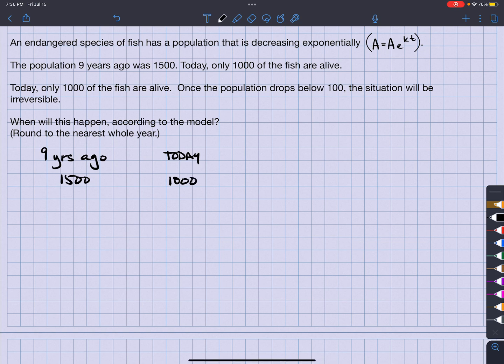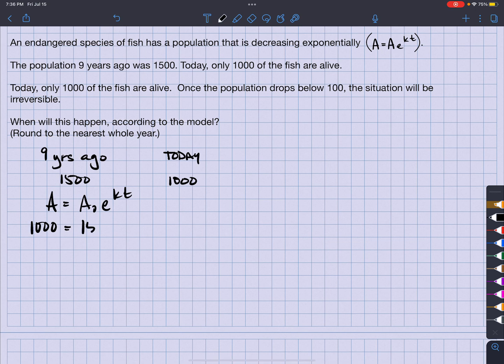Awesome. Okay. So with this piece of information, let's figure out what my decay rate is. I would still use A is equal to A naught e to the kt. My final amount is 1,000 because that's today.